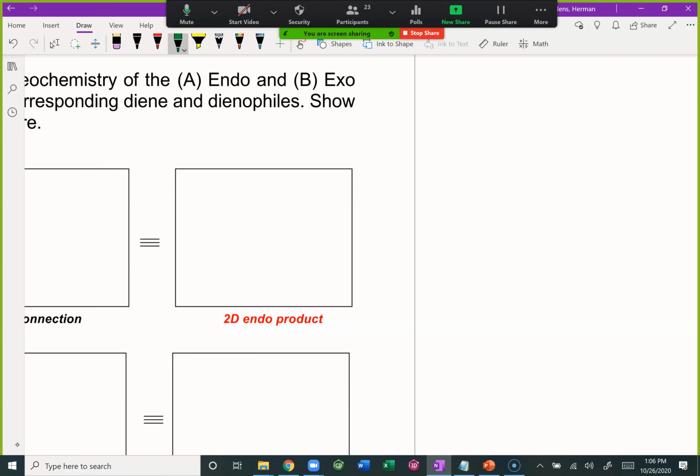Yeah, if I have a clock here, and this is 12, 3, 6, and 9, my electron-rich will be right here at 6 o'clock. And this will be my electron rich, and my electron poor will be at 4 p.m., roughly around 4 o'clock.